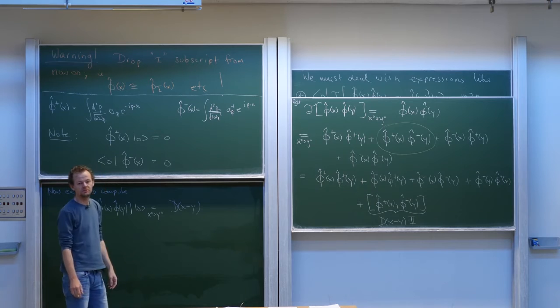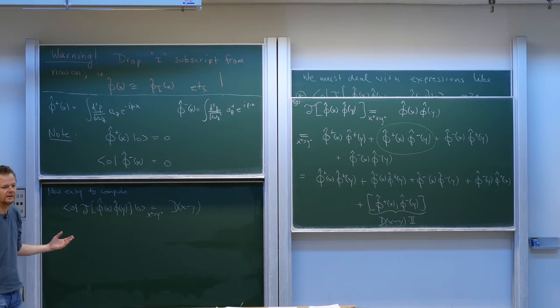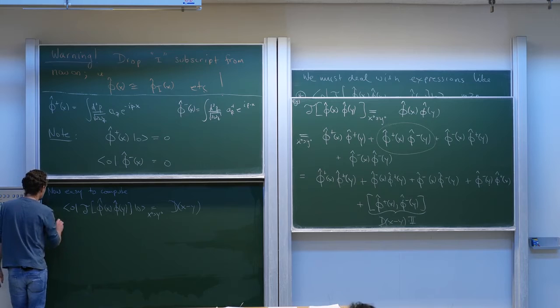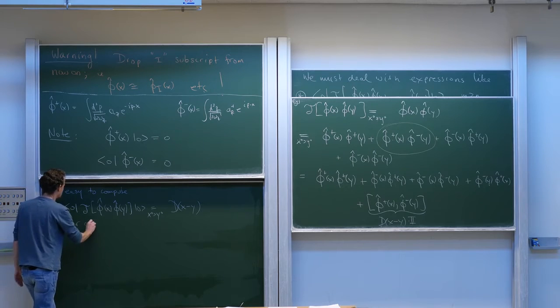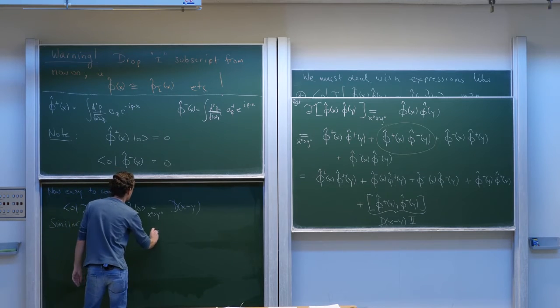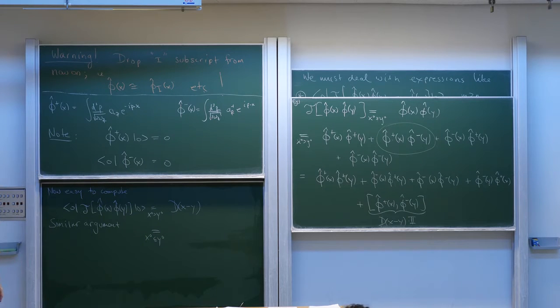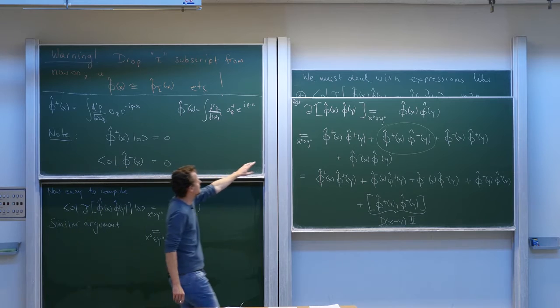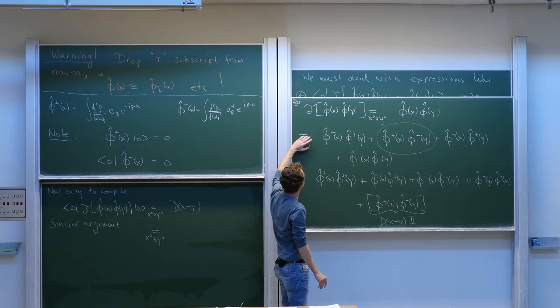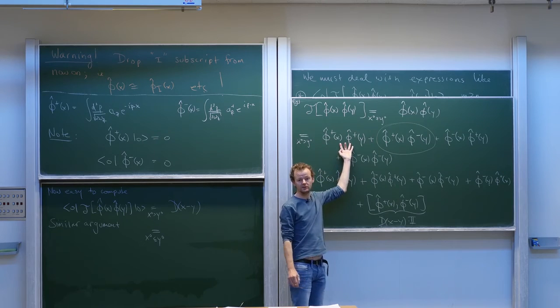But the time ordering symbol, if x naught was less than y naught, what would have happened then? Just to go back to this expression here, suppose that x naught was less than y naught. Well, we'd have to exchange x and y there.